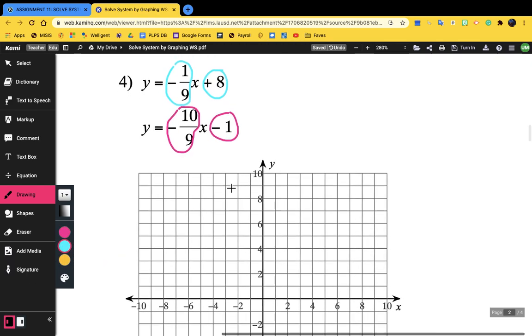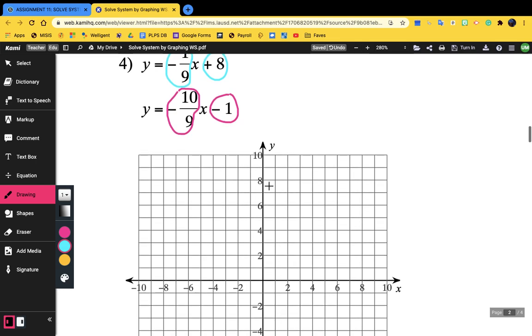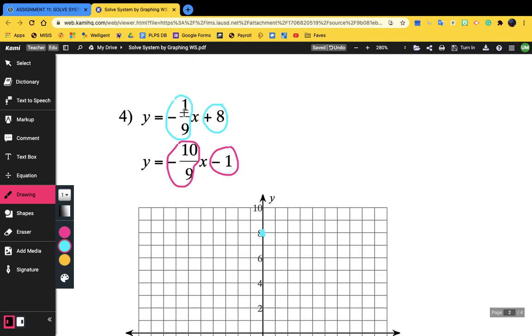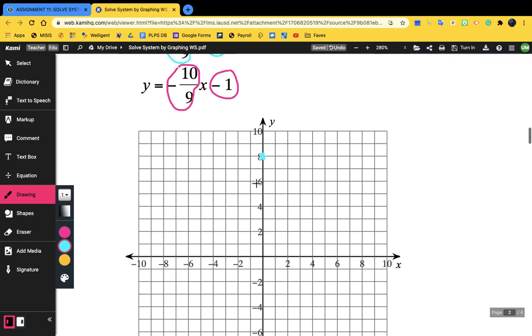So let's start with the first equation, positive 8. Positive 8 is right there. And my slope says negative 1 down 1 over 9. Down 1 and over 1, 2, 3, 4, 5, 6, 7, 8, and 9. And look at that.